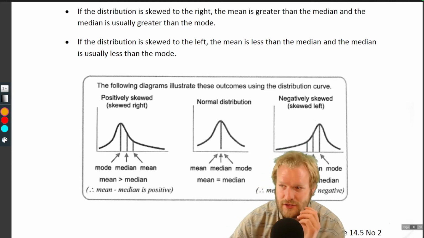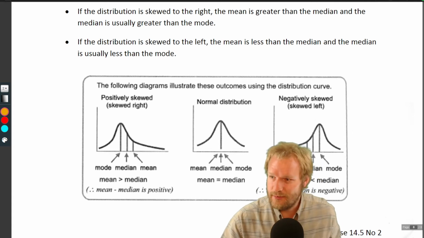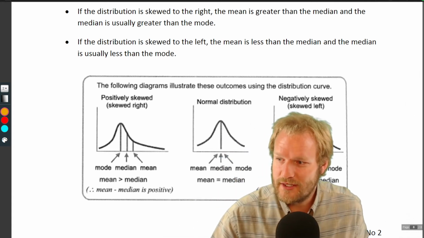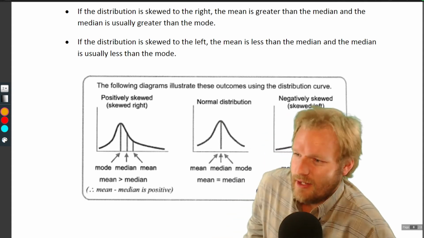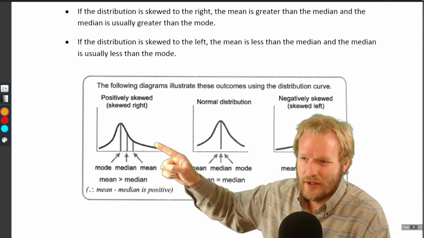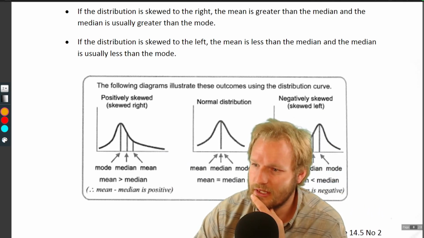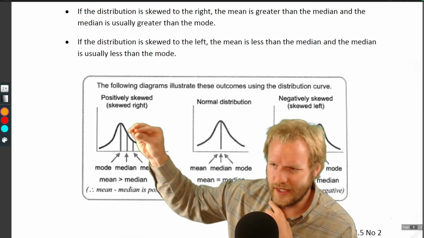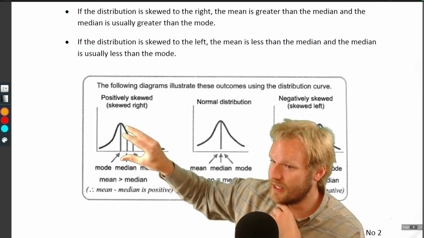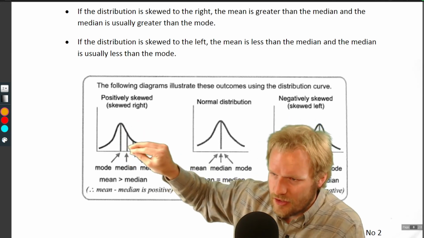So skewed right. Where's our example? So if we look over here, we've pulled our data to the right, right? We've taken it and we've pulled it to the right. So it's skewed right.